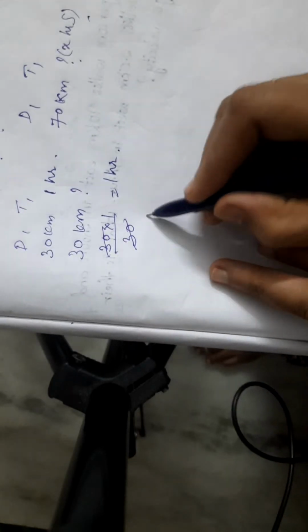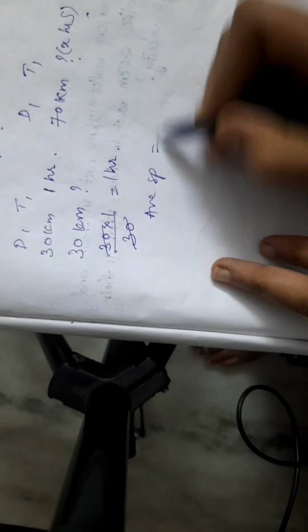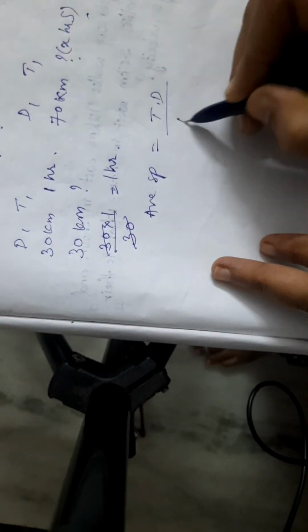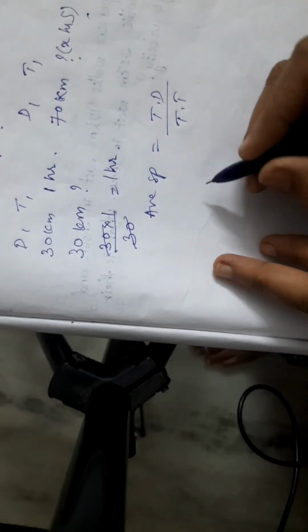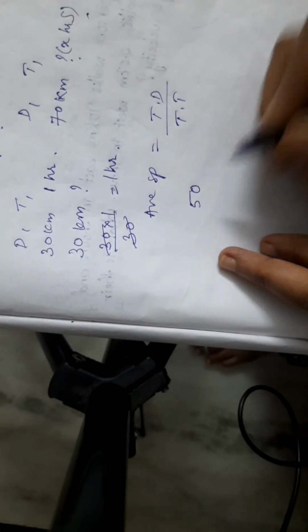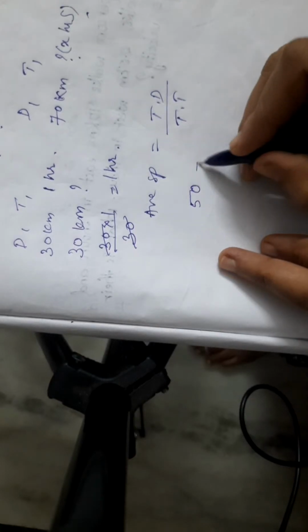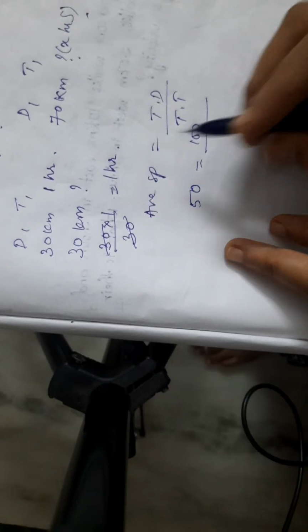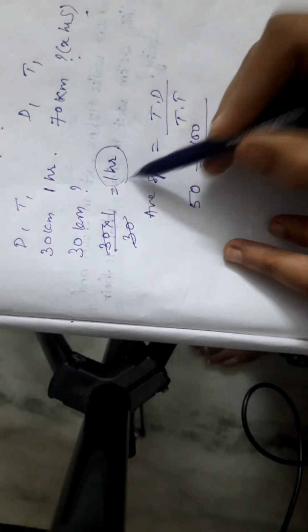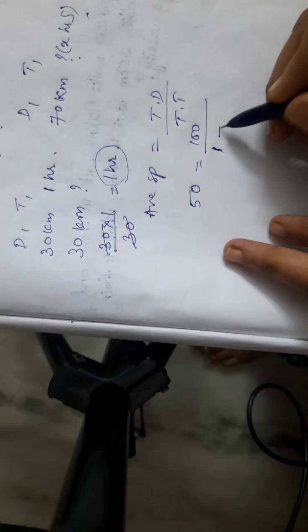Now average speed formula, it's total distance upon total time. Average speed of the journey is given 50 kilometer. So this will take 50. Total distance, it's 100. Now total time, for the first half of the journey, it took 1 hour. Second half, we don't know.